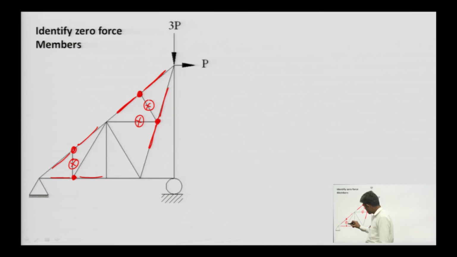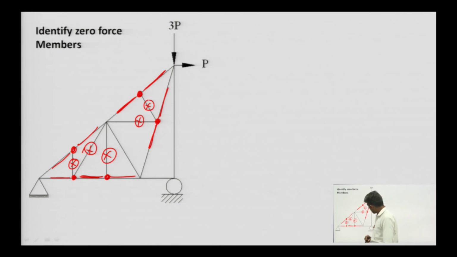This one member is connecting at this joint, so that is why that member will be a 0 force member. Look here, this one member and this one member are collinear at this joint. That's why the force in this member will be 0.